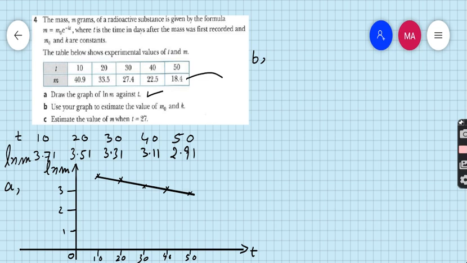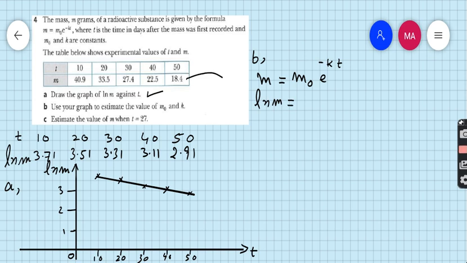Use your graph to estimate the value of m naught and k. How to find the value of m naught and k? Take first the given equation: m is equal to m naught e power minus kt.